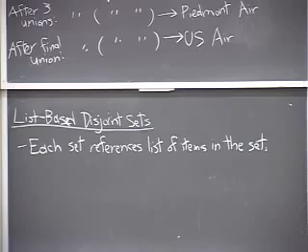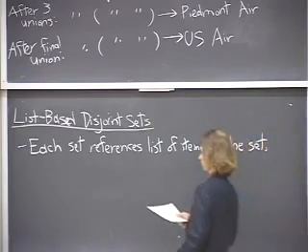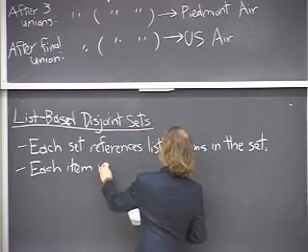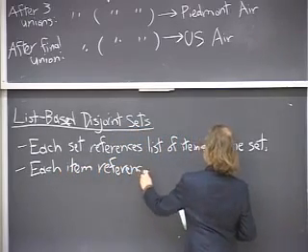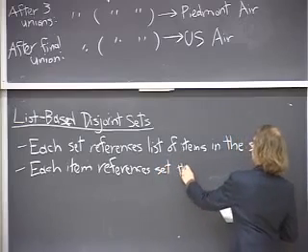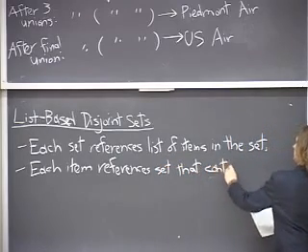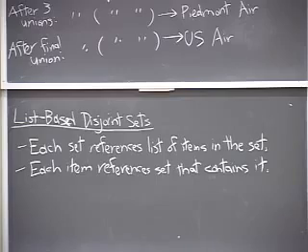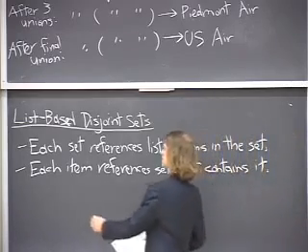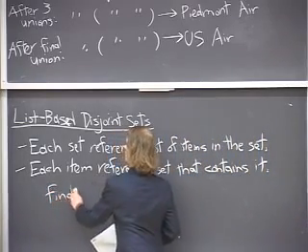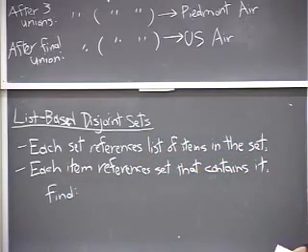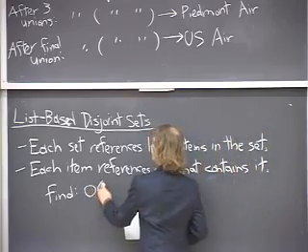And each item will just know what set it's in. Seems obvious enough. One of the nice things about this is that the find operation is really, really simple. Each item knows what set it's in, so you just return it. And that takes order one time.